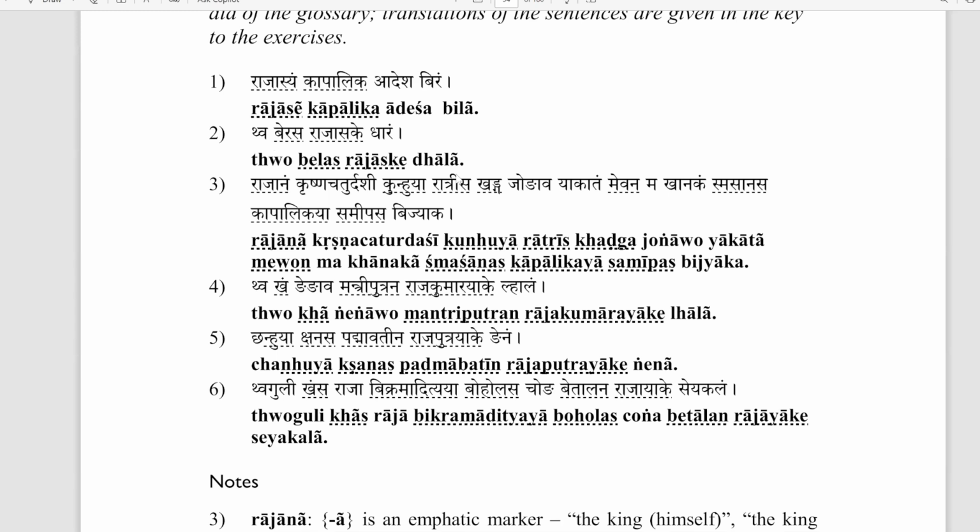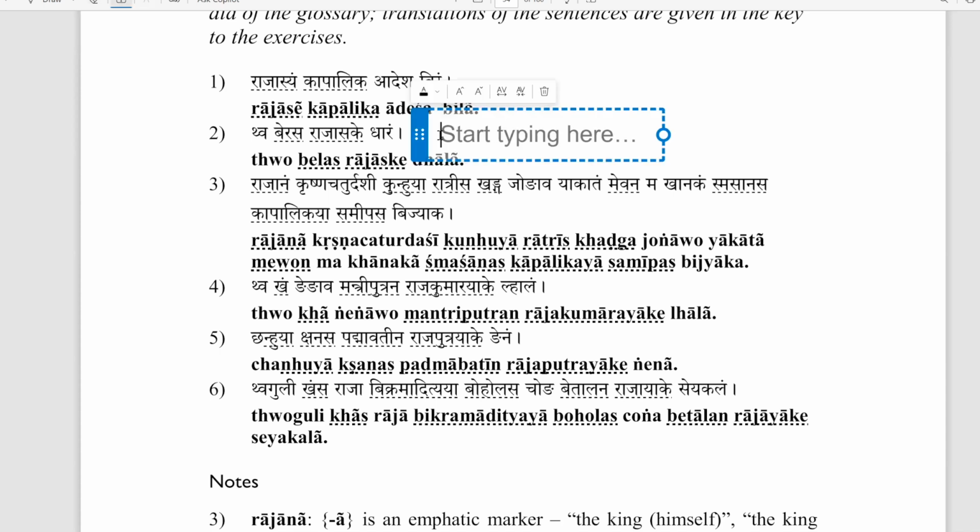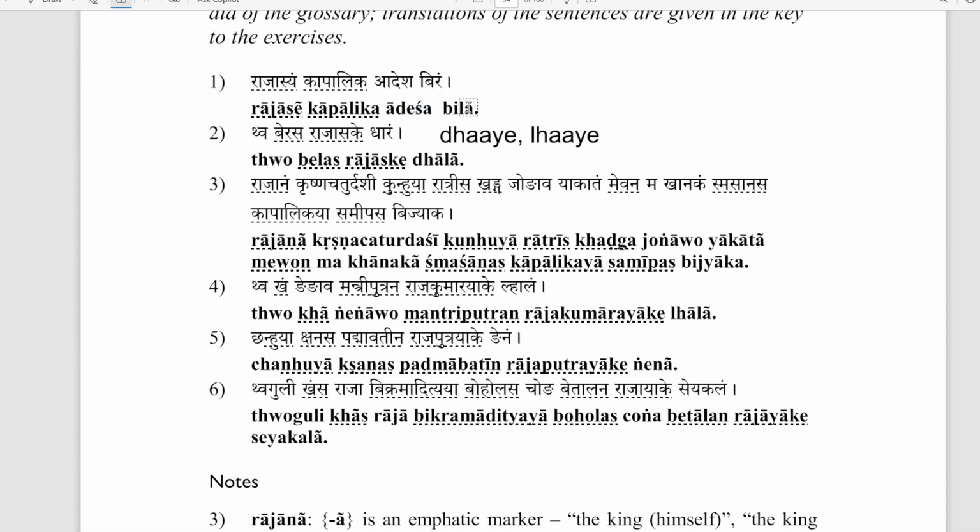Okay, Dharan is the perfective past of Taye, to speak. So when talking about speaking, now we already have Taye. I can write it down. We have Taye and we have Lahaye, and we also have this Adesh Bilan exclusively for the king.